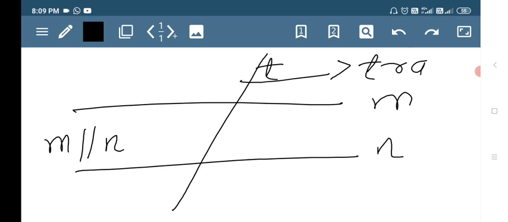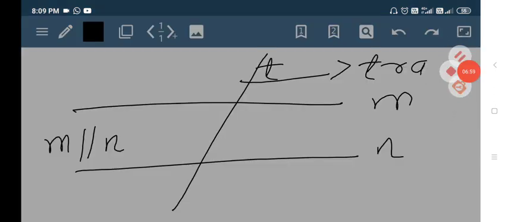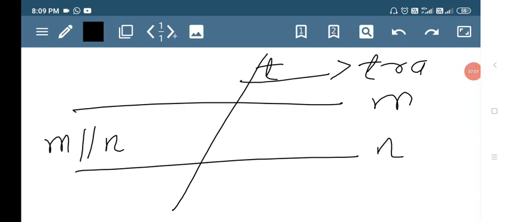In the above concept, we had a number of lines and a transversal. Here we have parallel lines and a transversal. So now, what properties arise when a transversal passes through the lines?